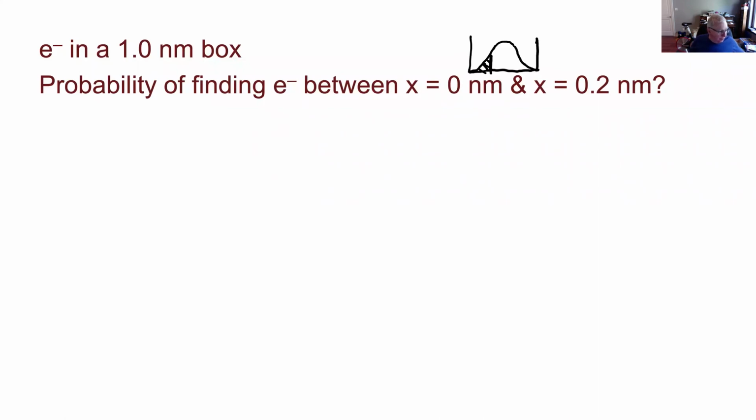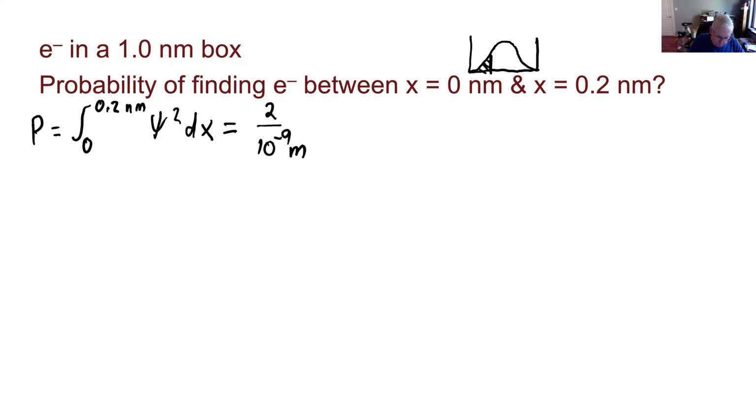So for this one, I'm going to have to set up and say my probability is equal to the integral from 0 to 0.2 nanometers of psi squared dx, which is equal to, when I square psi, I start off with that square root of 2 over L, but I get it twice. So I've got this piece in front.